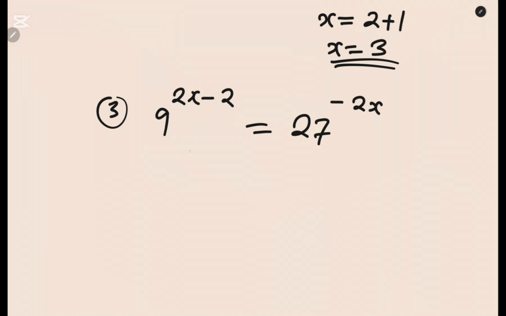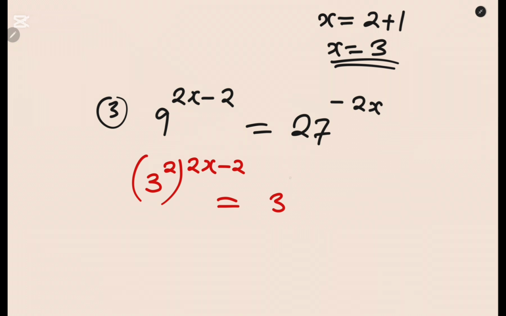So in this case, on both sides, we can say 3. 9 is just the same as 3 to the power 2. So 9 I've expressed as 3 to the power 2, but remember, outside there's x minus 2. Then equal to 27. If we put base 3, it is going to be 3 to the power 3, but remember, on top there's negative 2x.